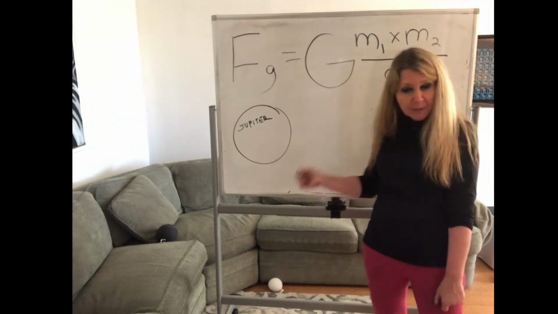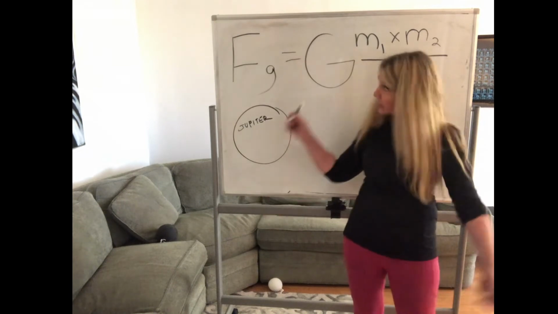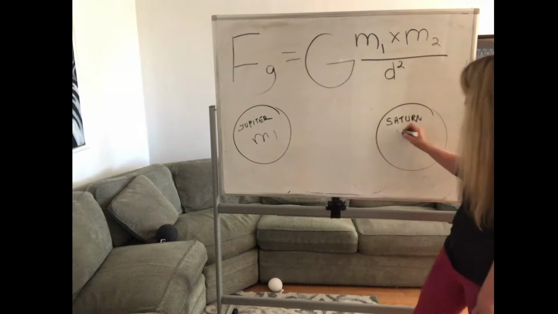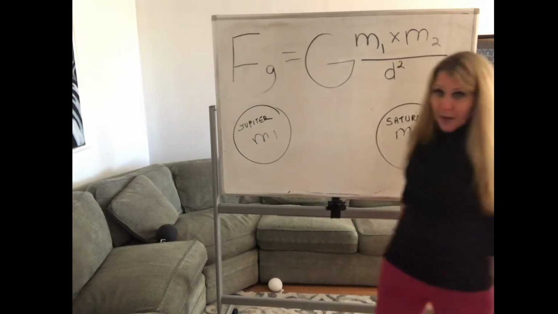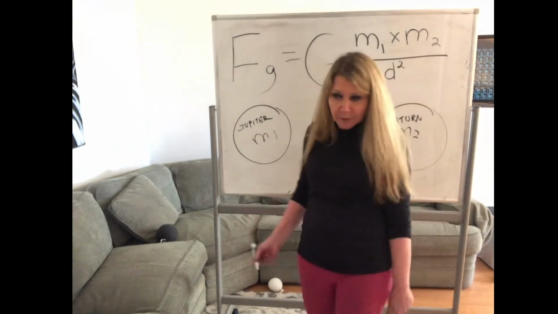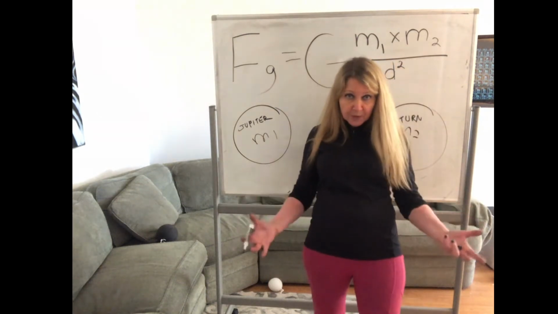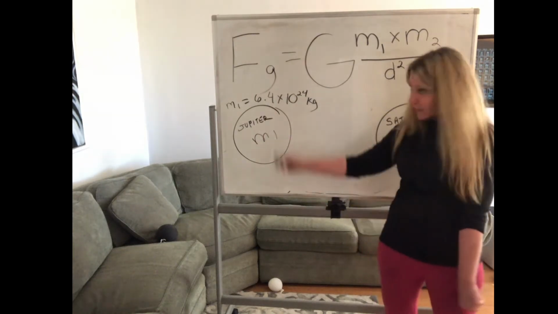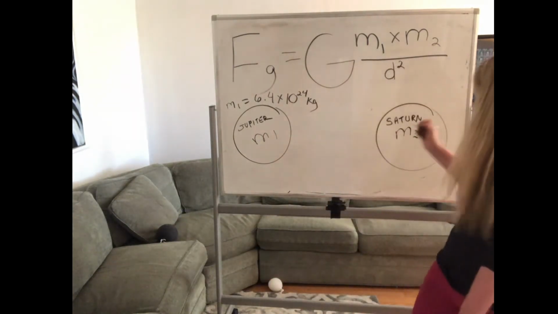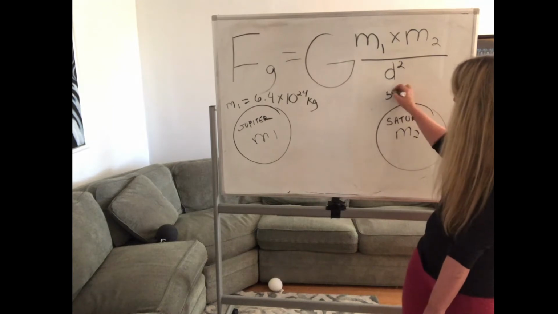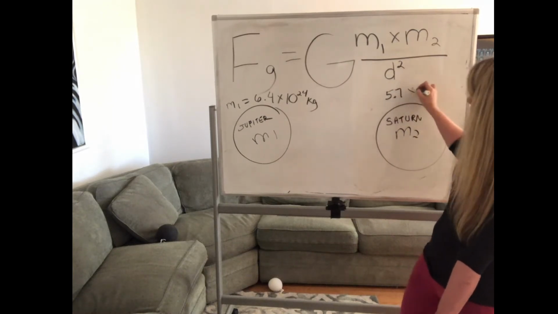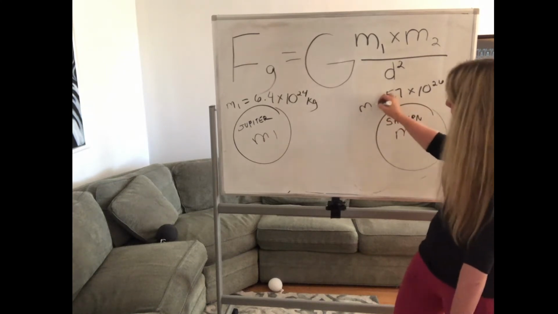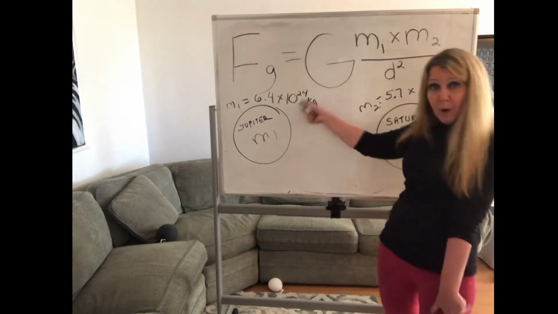It doesn't matter, I can make Saturn M1, doesn't make a difference because we're multiplying them together. Okay, so I'm going to make Jupiter M1, Saturn M2. Now, the mass of Jupiter is 6.4 times 10 to the 24 kilograms. This is mass of Jupiter, so we're going to make that M1. There it is. The mass of Saturn is 5.7 times 10 to the 26 kilograms. That's M2. So we have M1 and we have M2.